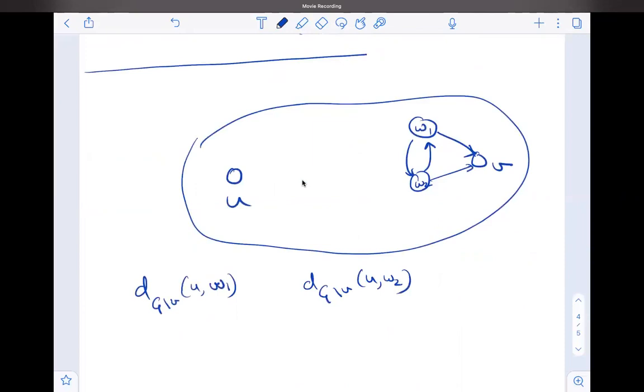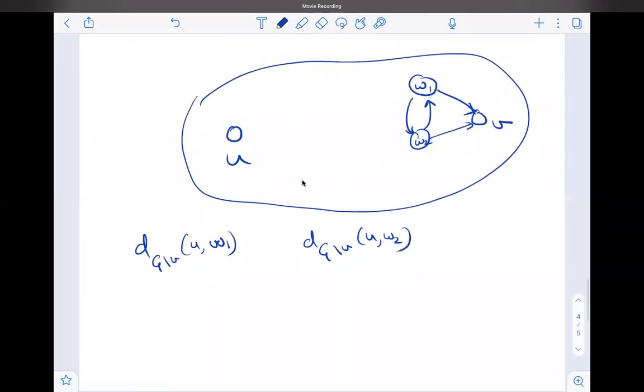But what is G of w1? How do you solve it recursively? Now in this part, there is an edge going from w2 to w1, so I will be doing d of G minus v minus w1, of u to w2.